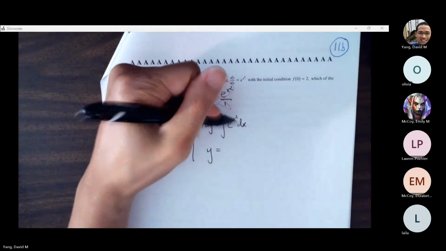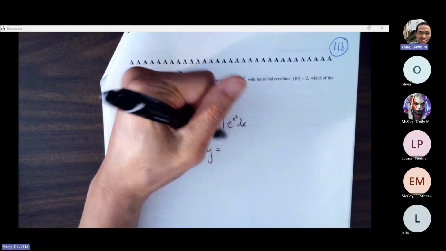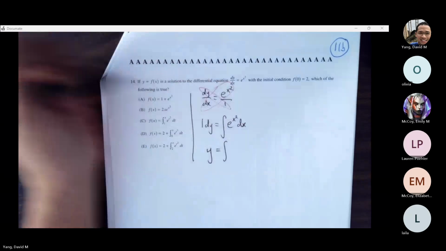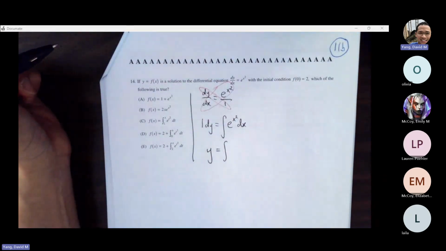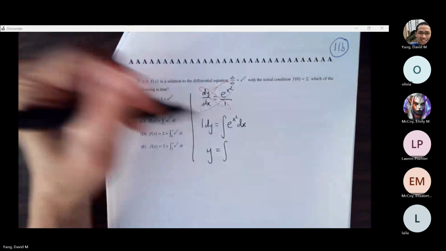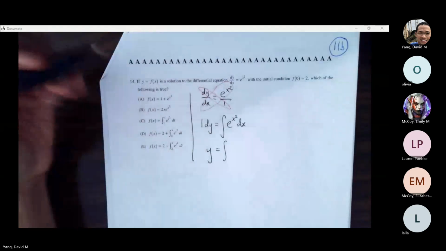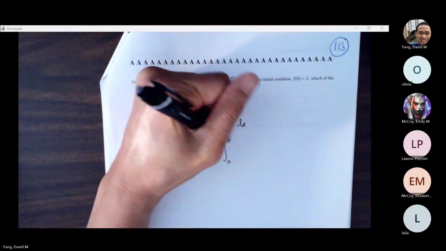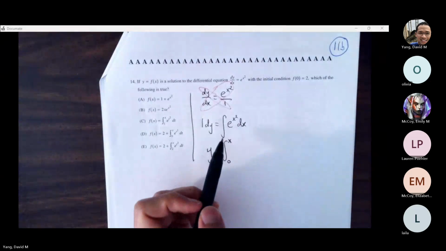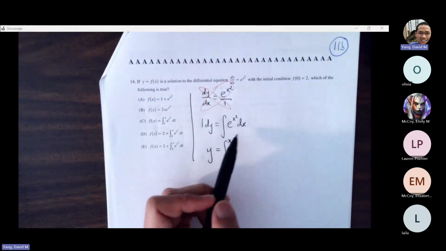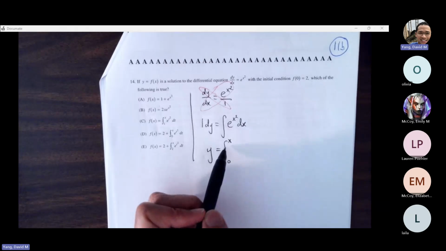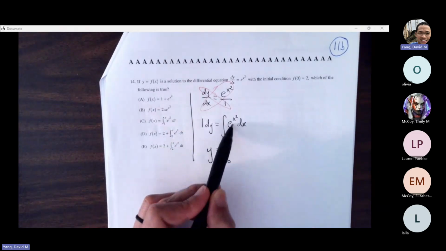So we have to essentially evaluate our bounds from 0 until x. If we were to go through that full process, it's the same thing as evaluating this in terms of x.